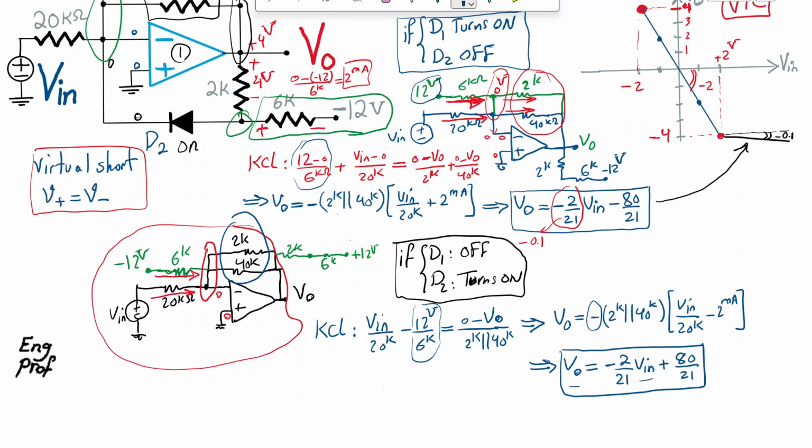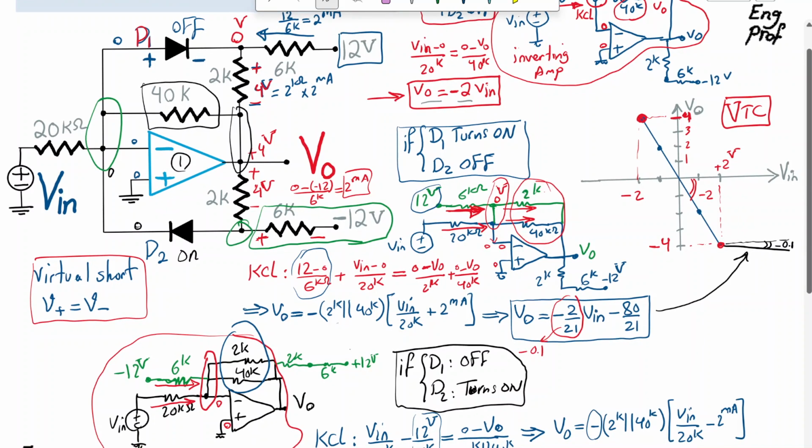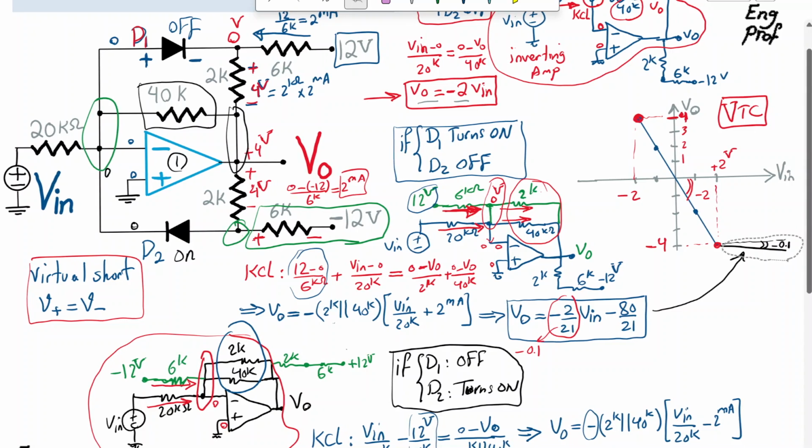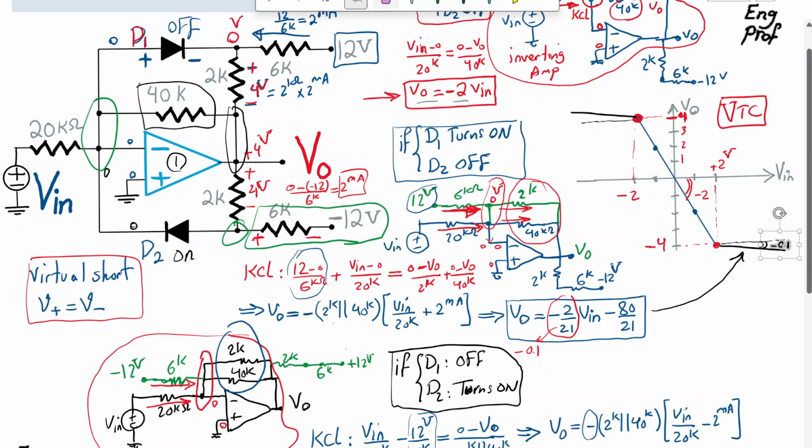If I go back and try to draw this one, you will see what I'm talking about. So let me see if I can draw this one. There you go. I'm talking about this line, and I am talking about the same negative tangent that I showed you, this negative 0.1, and that is this slope.